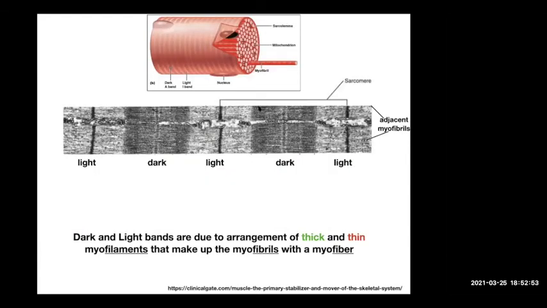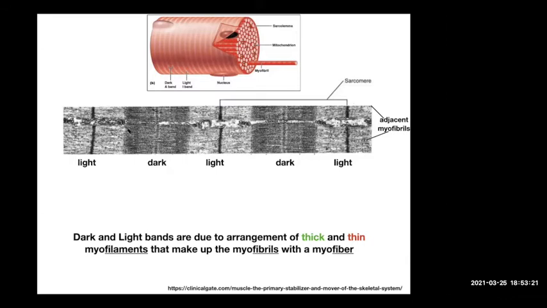So when we look deeper into it, we'll see that these dark and light bands are due to arrangements of these thick and thin myofilaments that make up the myofibrils within a myofiber. So here's an electron micrograph, a very close-up photograph. Here is a light band, here's a dark band, light band, dark band.